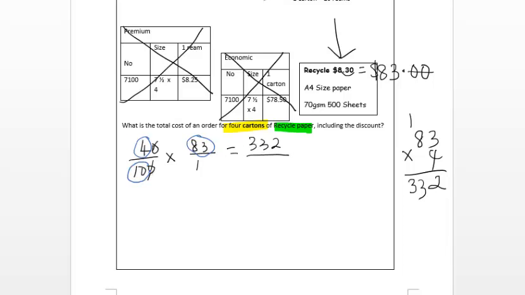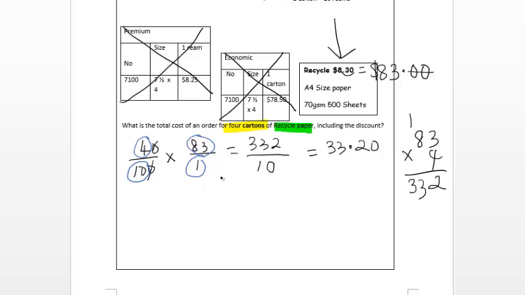Now this is a 10 and a 1, so 10 over 1 will give me 10. Okay, notice that 332 over 10, we can jump to the left by 1 time. Since there's only 1 zero, this will give me 33.20.